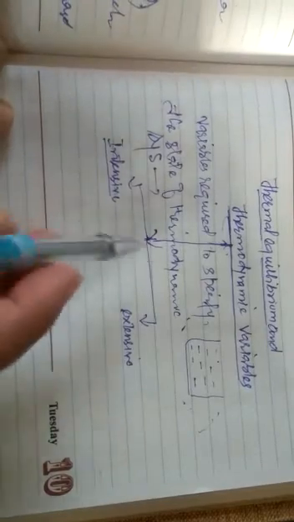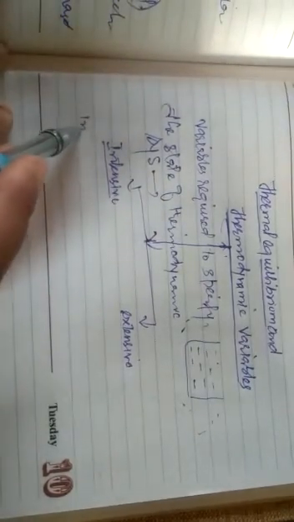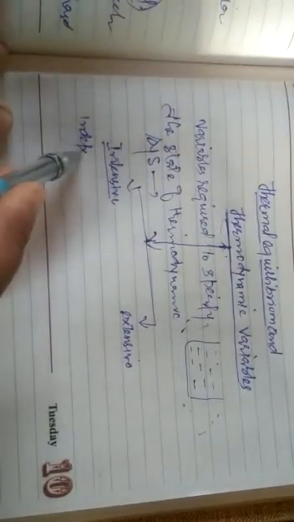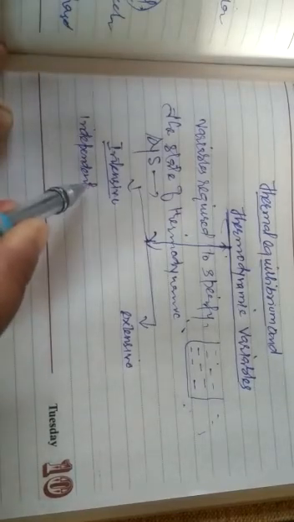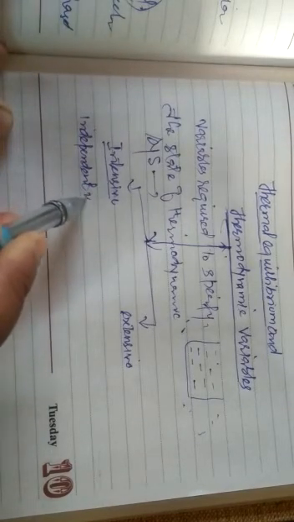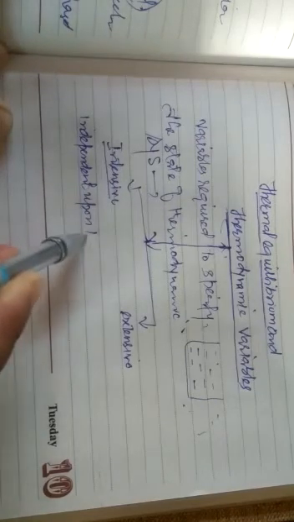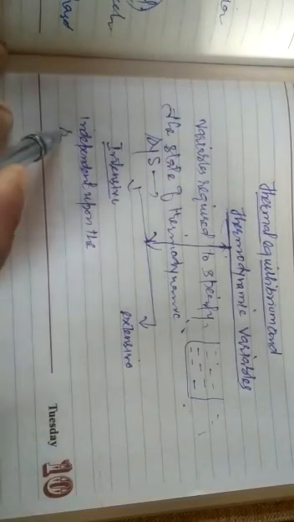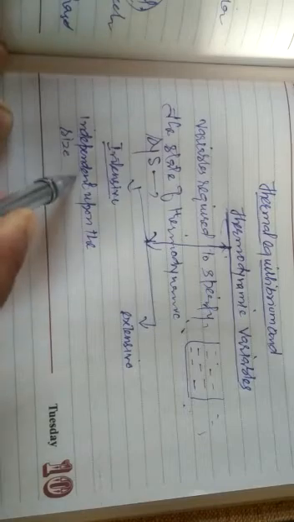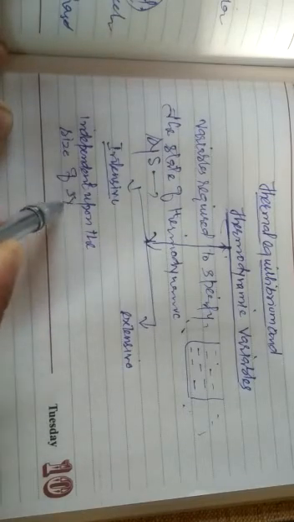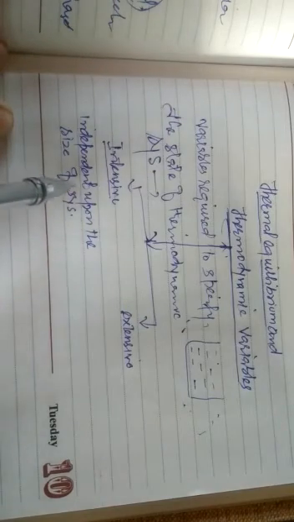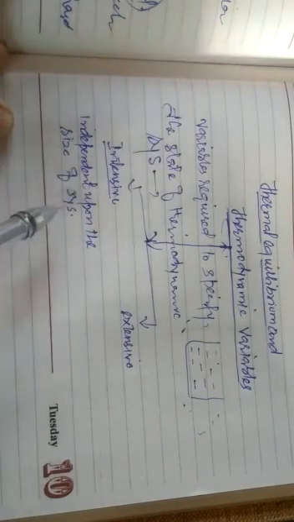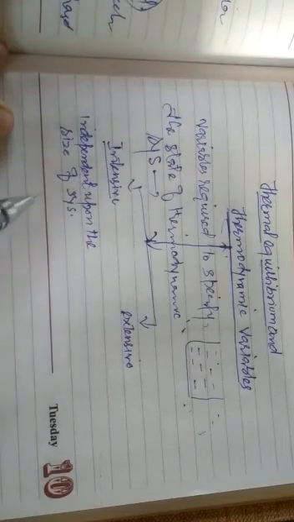These are the variables which are independent of the size of the system. Intensive variables are thermodynamical parameters which are independent of the size of the system.